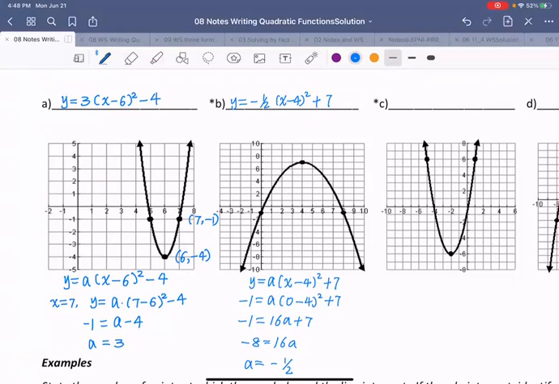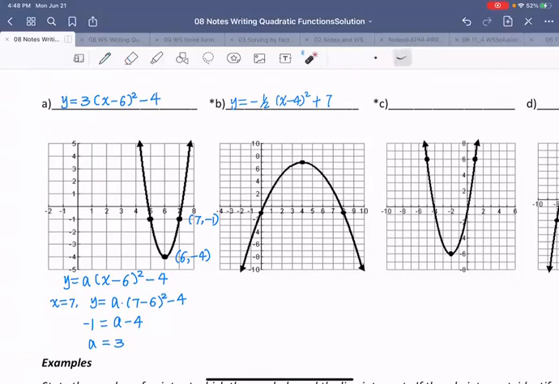Kyle, let's try part b together. Okay. What is the vertex? 4, 7. Good.